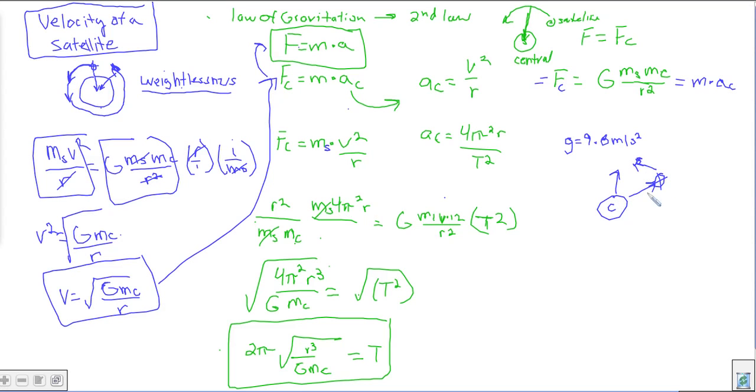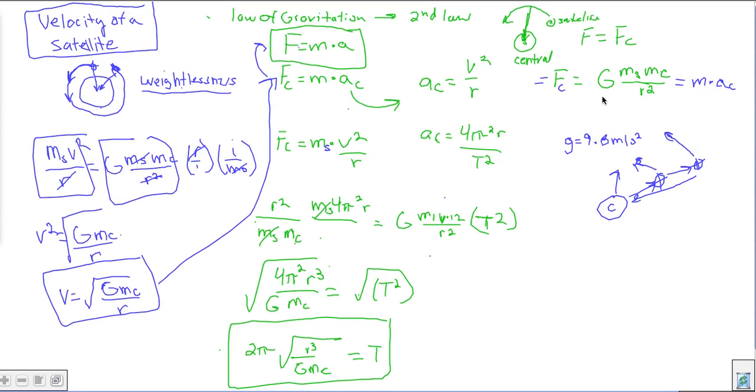The further you get away, the weaker the gravitational field is. Last time I talked about how the gravitational field is the acceleration of gravity, basically the acceleration that is pulling the satellite toward the center.